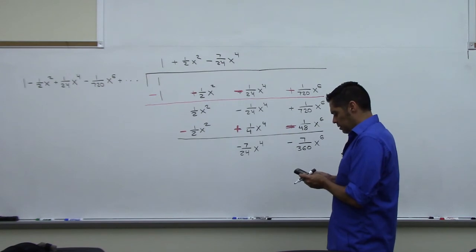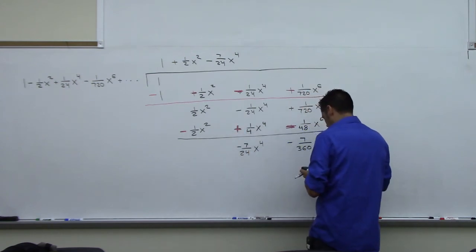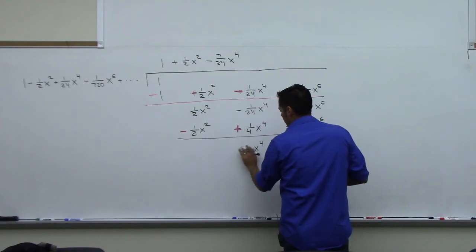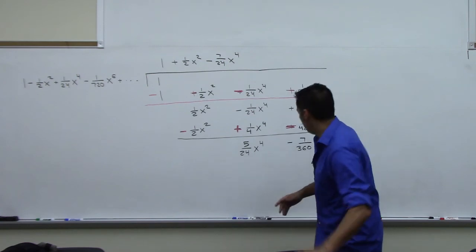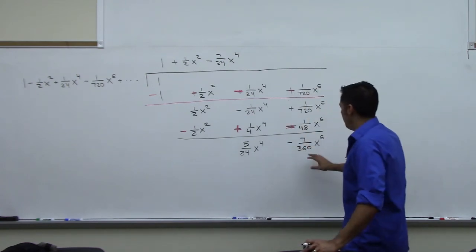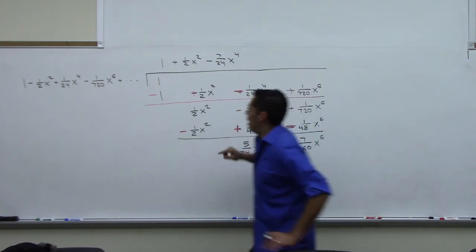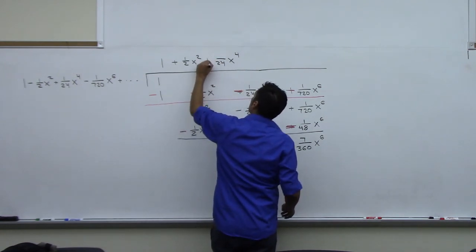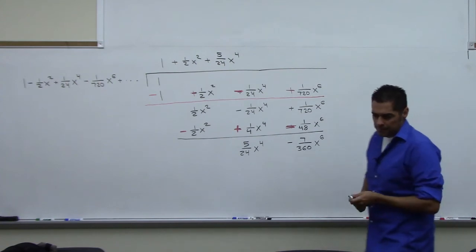Oops. Why don't I just do the arithmetic? I accidentally did this minus this. See, that's what happens when you're not paying attention. Yeah, when you add these together, you get positive 5/24. Robert, you should be ashamed of yourself. Okay, so, and then this one, I think that one's right. What that does is when we came through with that last one and we did 1 times this should be positive 5/24. Okay. That's it. Sorry about that.